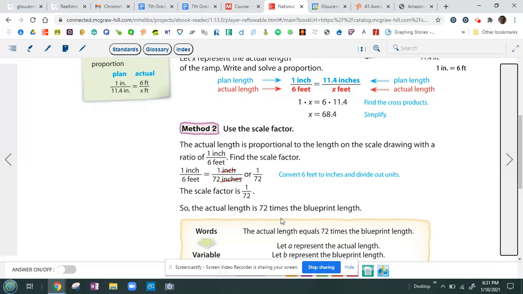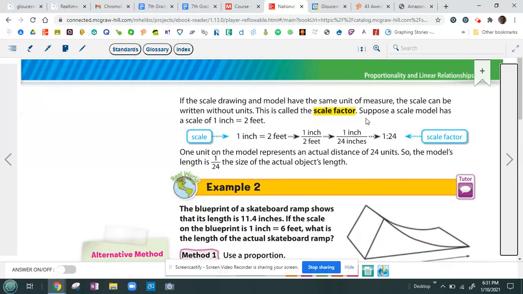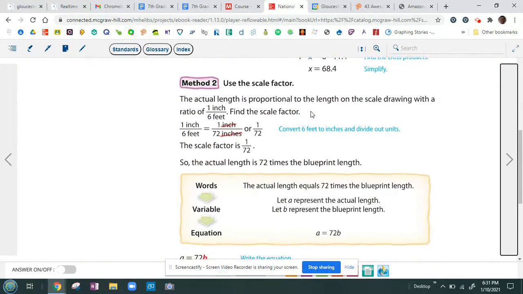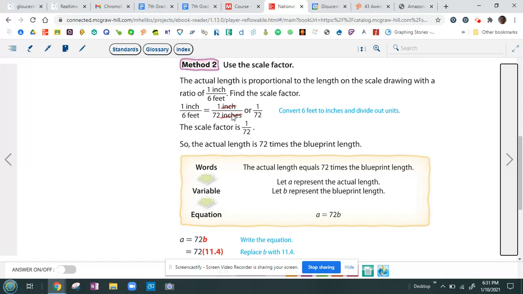So you can figure out, well, let's do just what we did up here to get the scale factor. We want to convert to the same units and then cancel out those units. And then we have our scale factor.